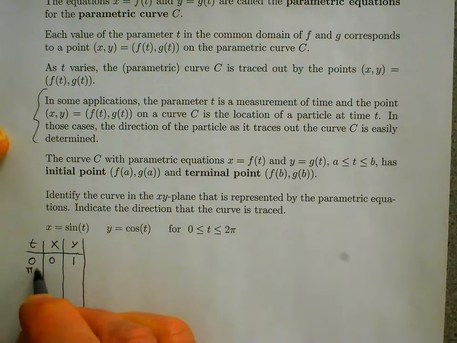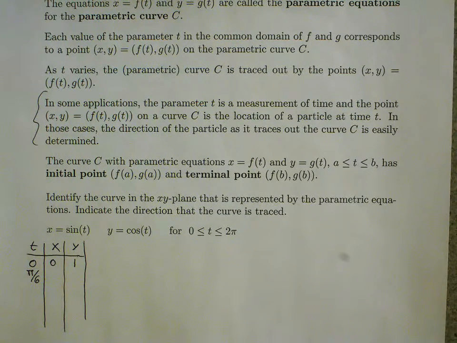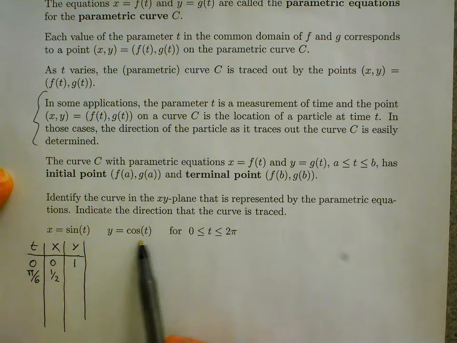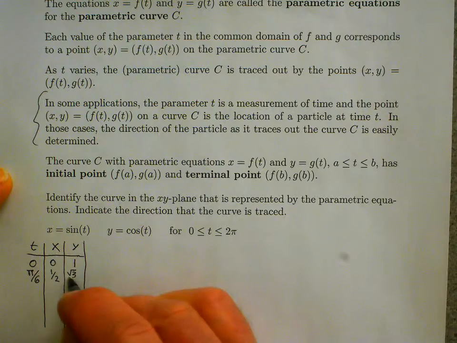If I pick t to be pi over 6, which is equivalent to 30 degrees, sine of pi over 6 is 1/2. Cosine of pi over 6 is the square root of 3 over 2.